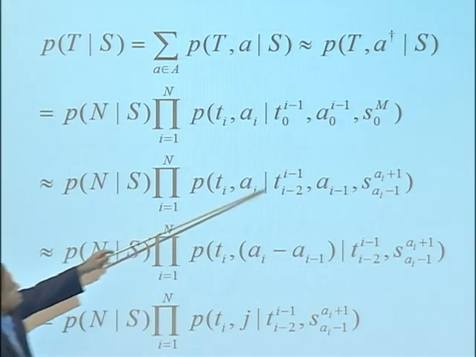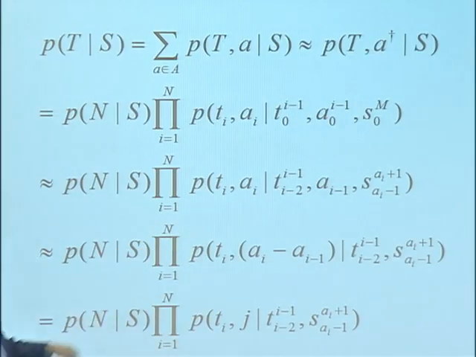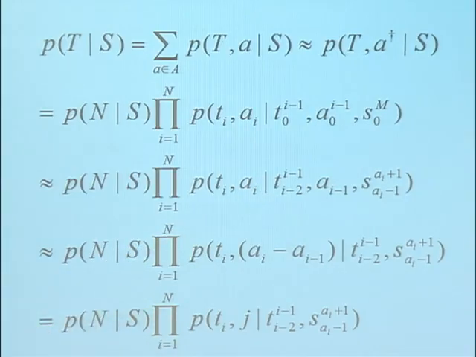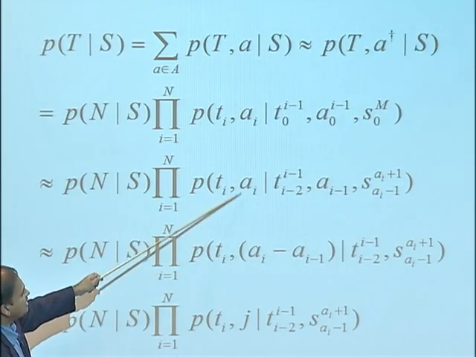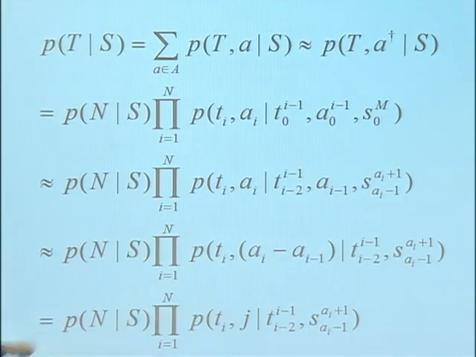Also, we'll restrict our target to be just the last couple of positions in the target. Typically, we run with 5-grams. So this is not i minus 1 and i minus 2, but it's the entire history according to the language model. Okay? Now, from here to here, the only difference is that, instead of looking at the absolute position, we're going to look at the relative difference between the current one and the previous one.